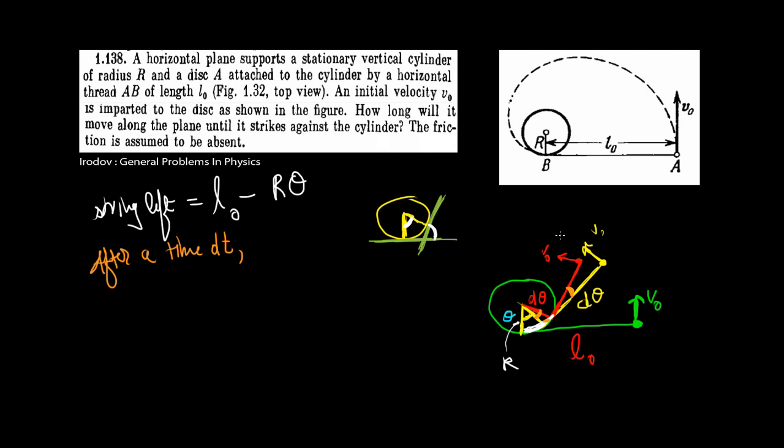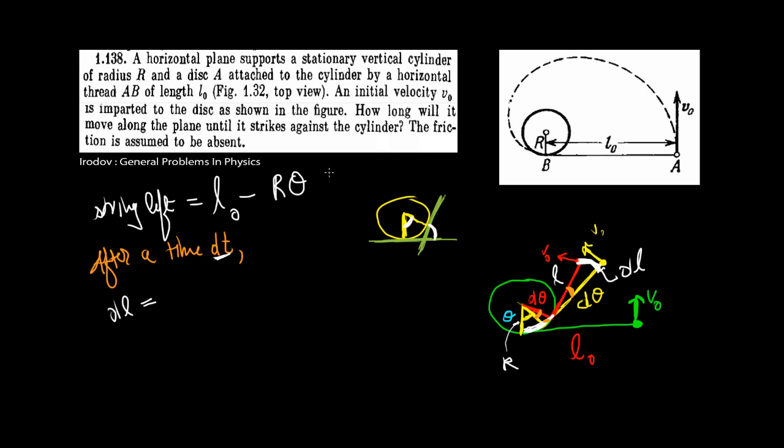So how much is this arc length? I'll call that dl. You can consider this to be an arc of a circle, as long as d theta is very small and we are going an infinitesimally small time. So how much is dl? dl is going to be this length of the string which is left out. We know what it is.